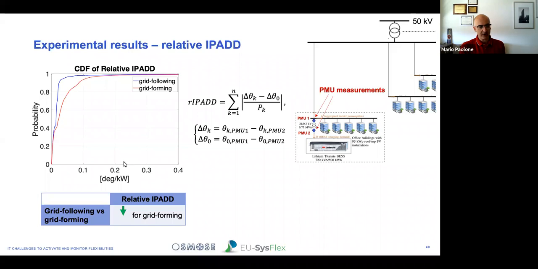Again, you can see here the CDF of the iPad for the grid following and grid forming control, and the metric is in favor of the grid forming control unit, showing its superiority with respect to the grid following. Again, these are data collected by these two PMUs that you see here, highlighted on the experimental facility we have on campus, and are metrics on the impact on the local system frequency.